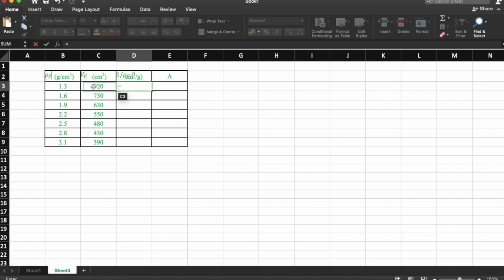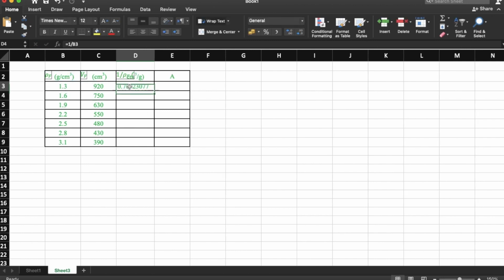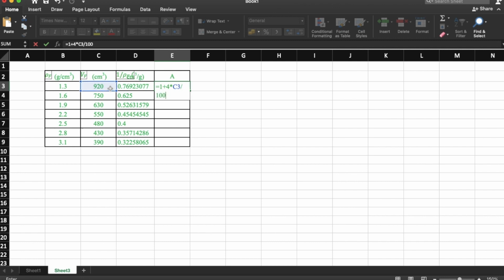So equals 1 divided by rho of the fluid. Do the same for the rest. Now the relative area equals 1 plus 4 times the volume of the fluid divided by the volume of the object, which is 1000.